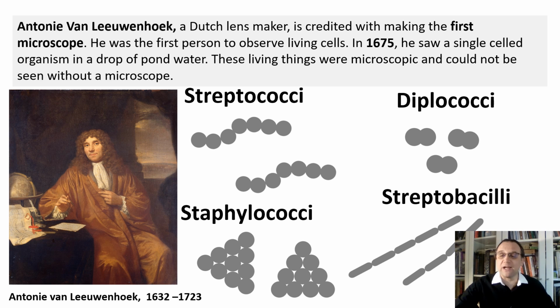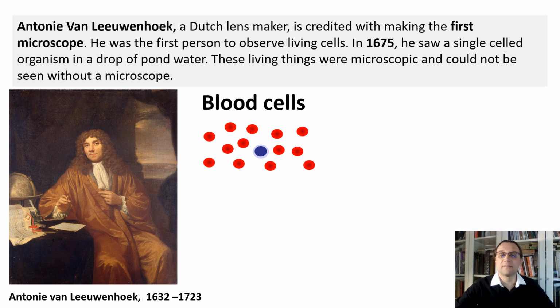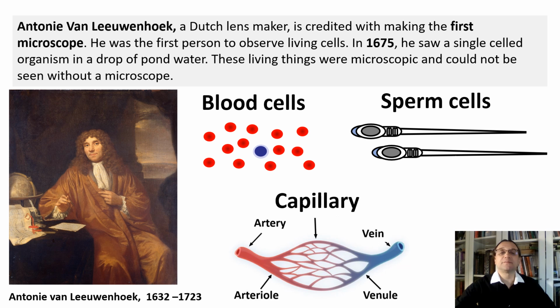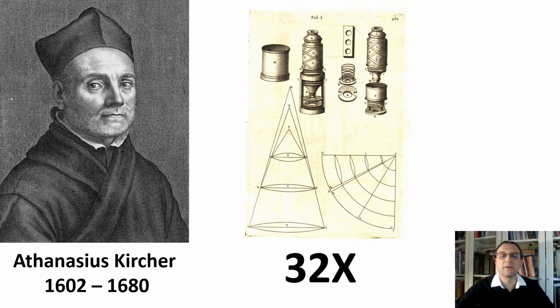He is also known as father of scientific microscopy. He gave the first complete account of red blood cells. He discovered sperm cells. He demonstrated the capillary connections between arteries and veins, and he made other important anatomic observations.